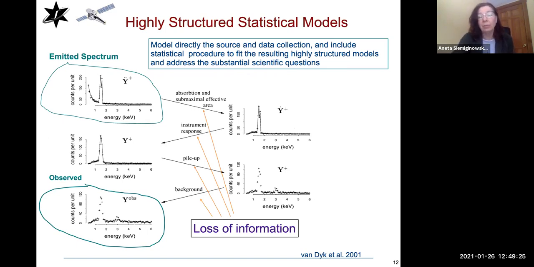There is also pileup, which reshuffles some of the photons into higher energies. And then what we observe is the bottom shape of the spectrum. So there are all these levels of loss of information, which we need to incorporate in the analysis. In this highly structured statistical model, this was all included and was coded in our PyBlocks code to deal with the spectral analysis in X-rays.